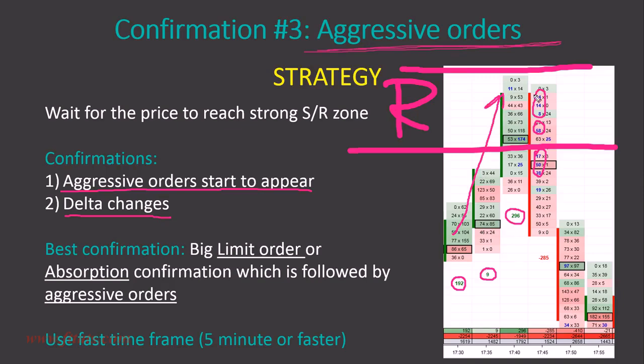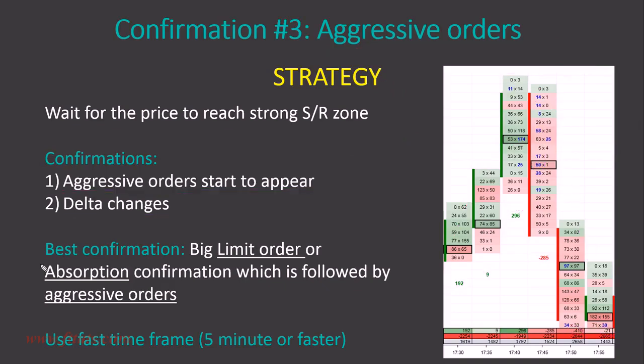But then those aggressive sellers started to jump in, and suddenly delta turned negative. And there was a sell-off. As you can see, delta is still negative. Alright, so aggressive orders start to appear. In this case, those are aggressive sellers. They are entering with market sell orders, delta changes, and this gives you a nice confirmation that there's probably going to be a change in the trend.